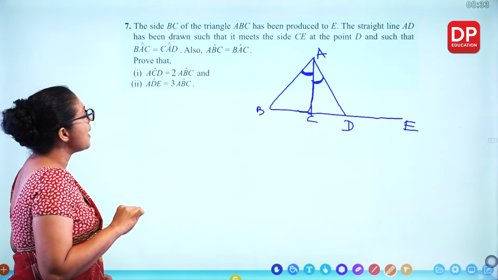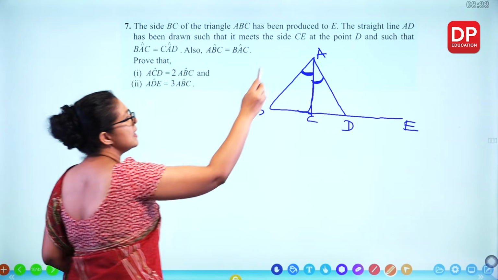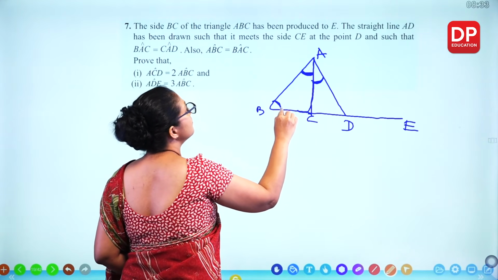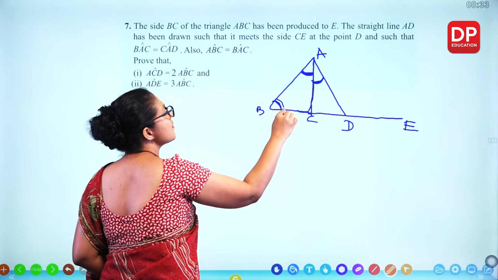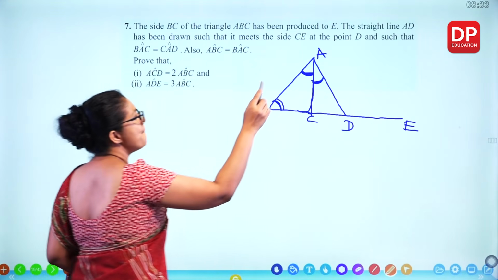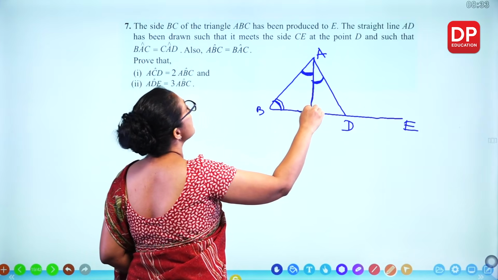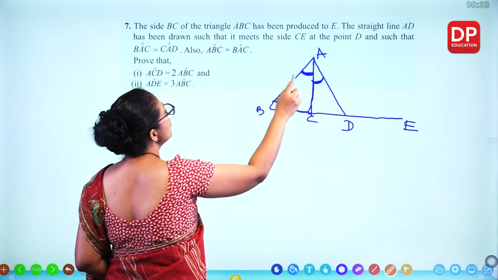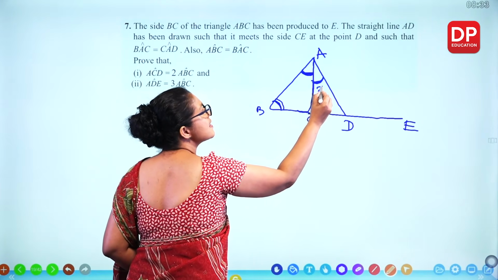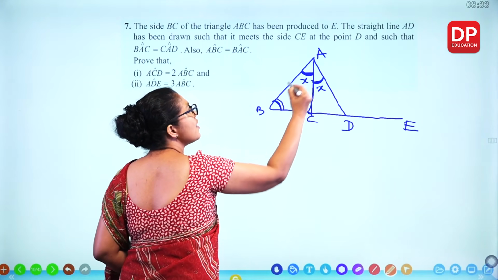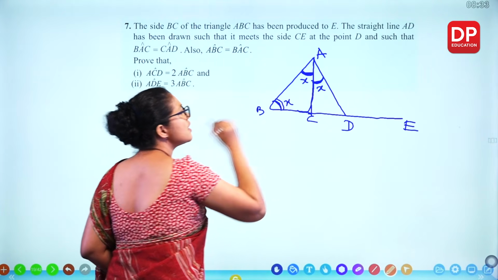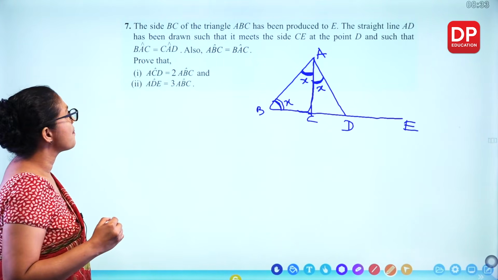And also ABC angle, this one, is equal to this angle, BAC, given. Now what can we say? We know this is X, this is also X, and also it says these two angles are equal, so we can put this is also X.